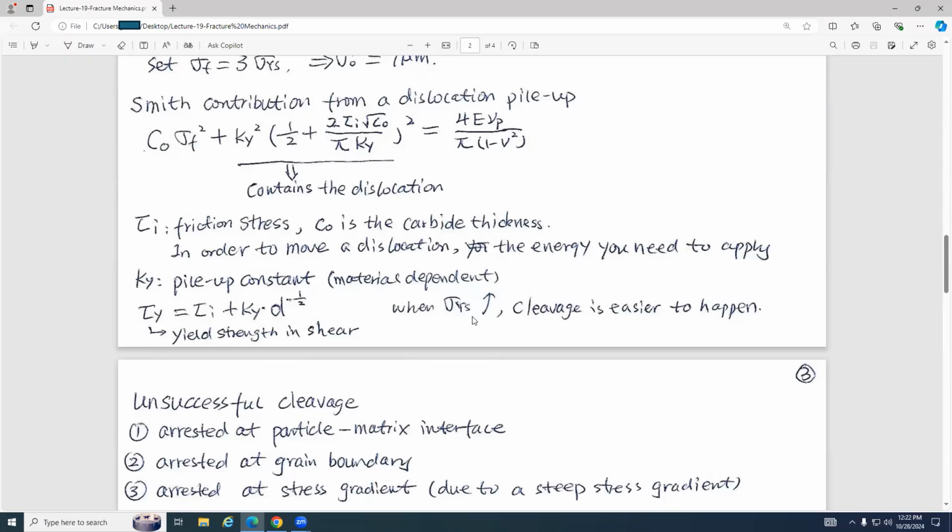If the yield strength is very high, the material is still elastic before it yields, and then cleavage happens. If the yield strength is low, after you apply the load the material goes to plastic deformation first, and plastic deformation usually stops the cleavage from happening. Questions? No questions?